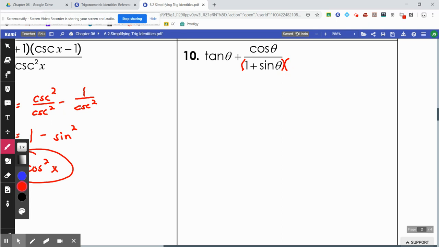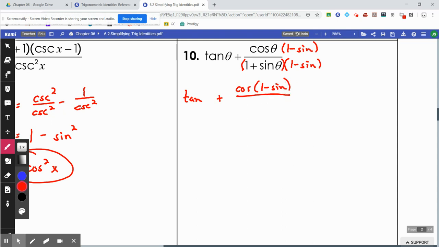I'm going to multiply top and bottom by the conjugate of that bottom. And the reason I'm going to do that is I know that when I multiply conjugates, I get difference of squares. And look at the difference of squares here that this is about to turn into. I have tangent plus, on top I have cosine times 1 minus sine.